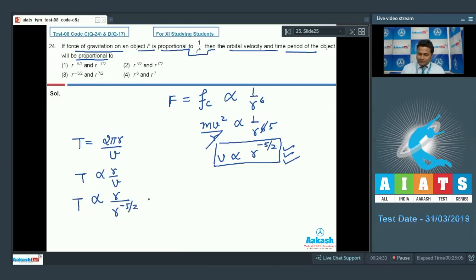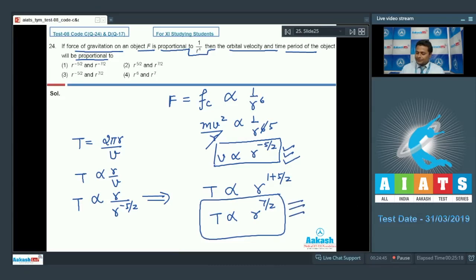So therefore we can further write T proportional to r to the power 1 plus 5 by 2, or T proportional to r to the power 7 by 2. So this is for time period. So if we look at the option, we can say that option number 3 is perfectly matching. So that's why we will go with option number 3 only.